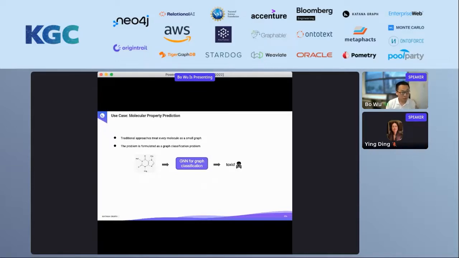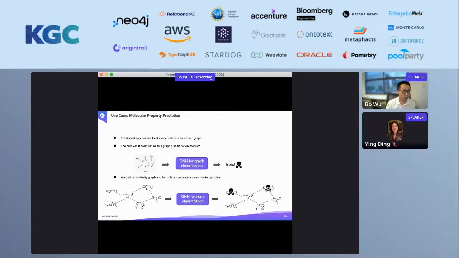So we developed a new approach in which we construct a similarity graph where nodes represent the extracted molecules or small compounds, and the edges represent their similarity relationships. So 2 nodes are connected if their Tanimoto similarity coefficient is larger than a threshold.